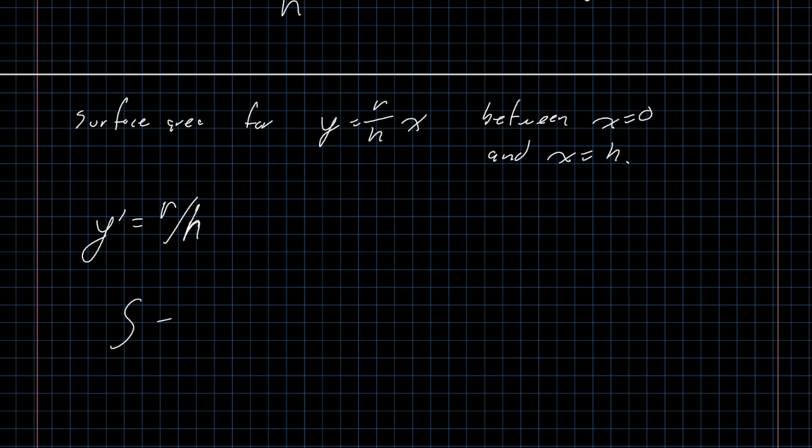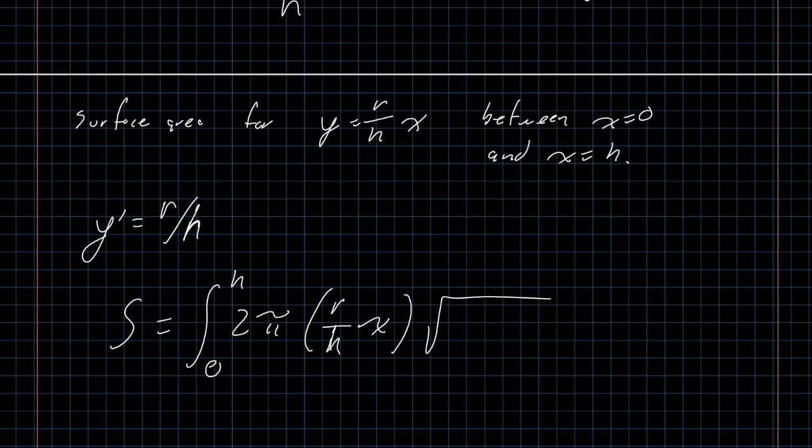And then from there, I can get that the surface area is going to be the integral from 0 to h of 2 pi times r over h x times the square root of 1 plus (r over h) squared dx.